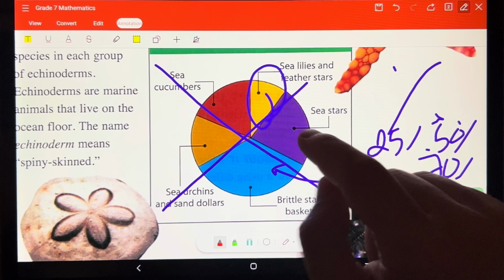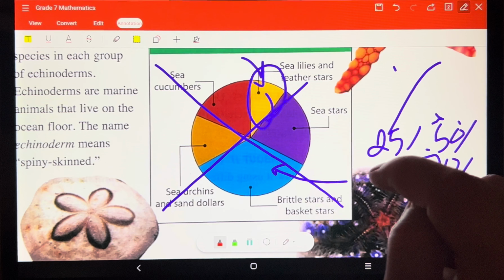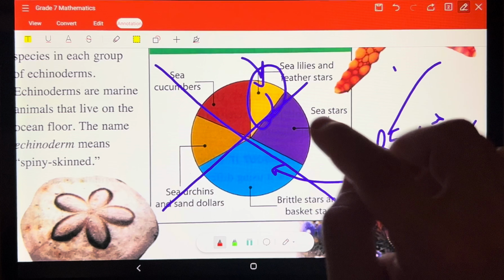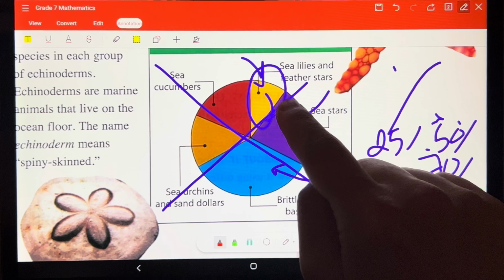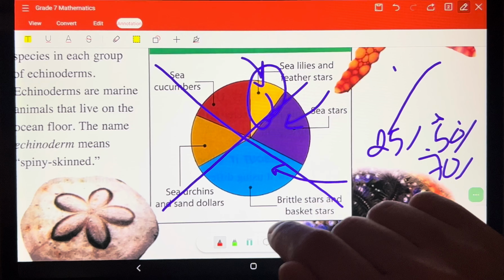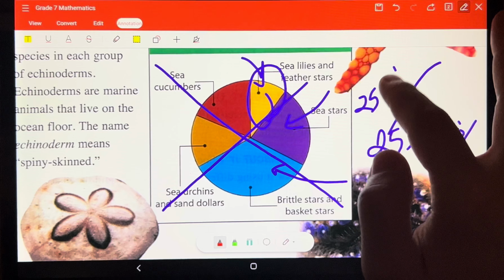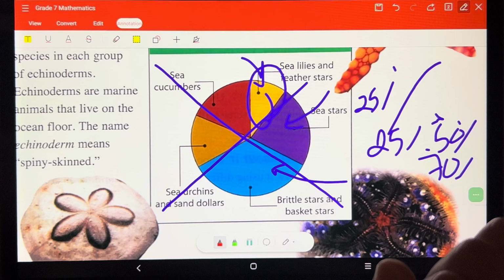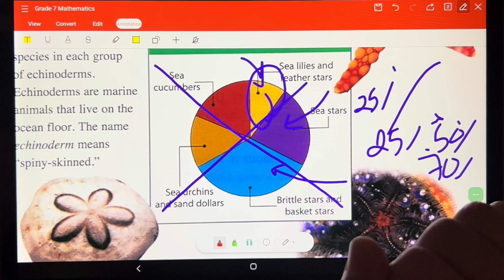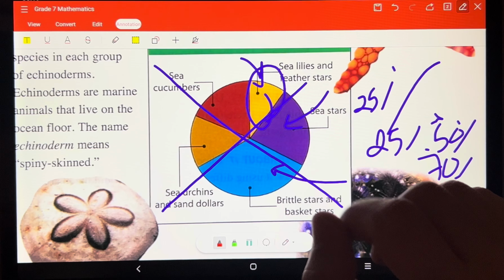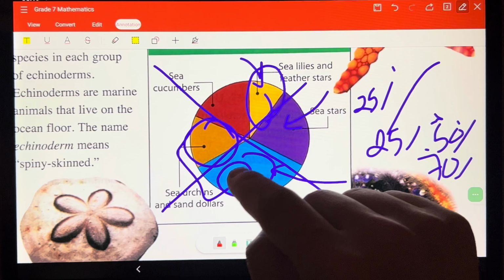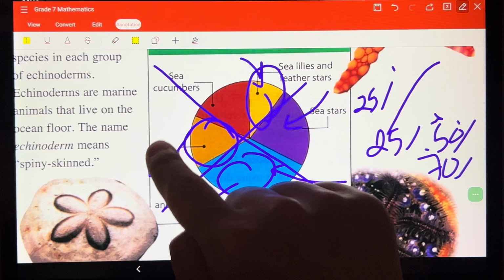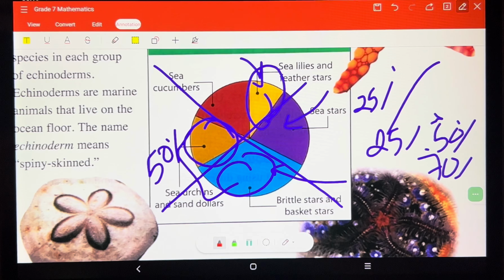So if I take, let's say, the yellow part, I will say that's so small, that's the least of them. Let's take the purple here. If I take the purple, I will say it's approximately 25%. If I take the blue with the orange together, I will say 25 with 25, approximately 50%.